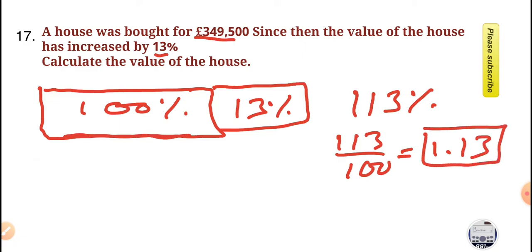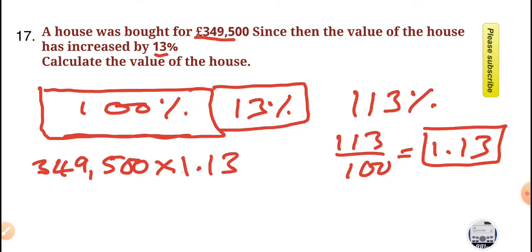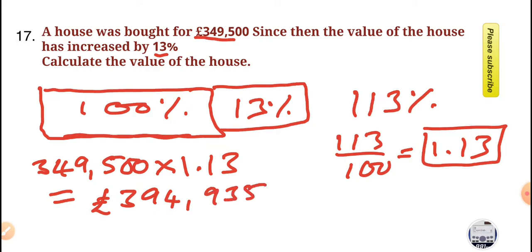So originally the house was worth 349,500, and then we increased it by 13%, so we times it by 1.13, and so the price after the 13% increase is £394,935.